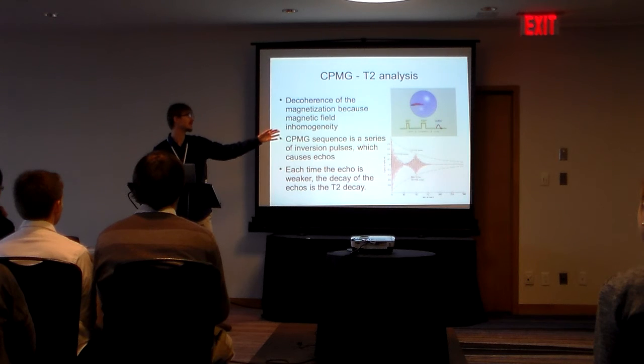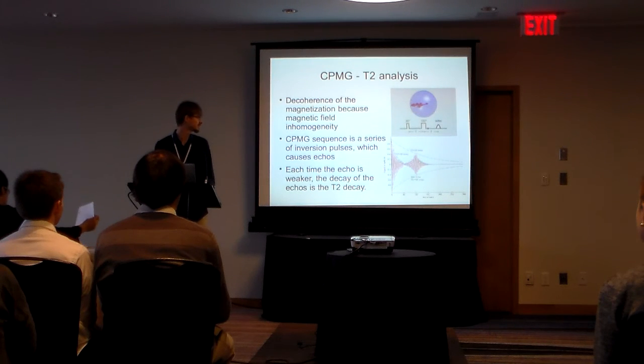And so they actually realign, as you see in this, and form echoes. They first decohere, then they cohere and form an echo. And it is the decay of these echoes that is the T2 decay, or the transverse decay, that defines the T2 of the sample.